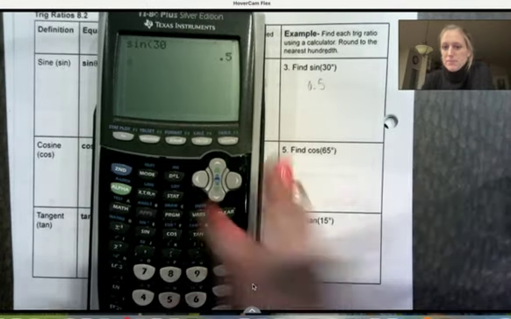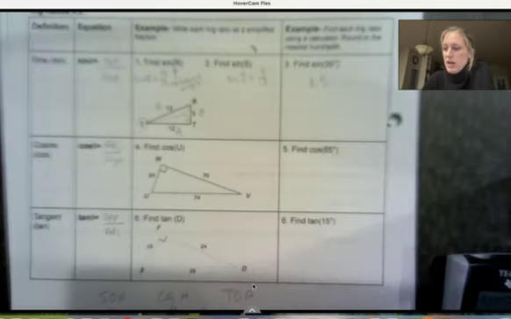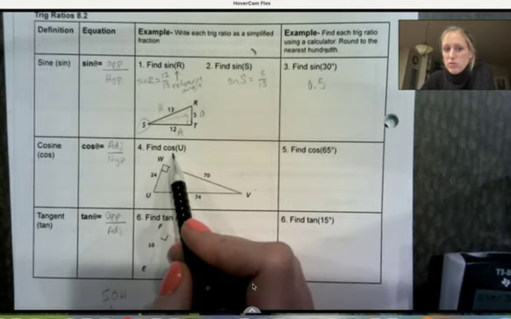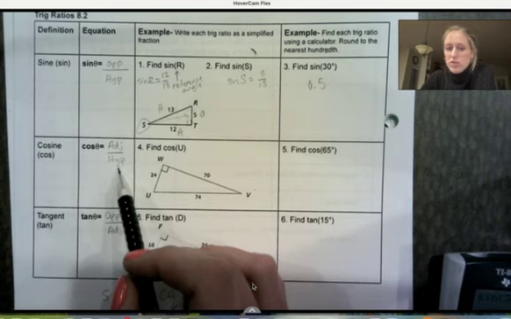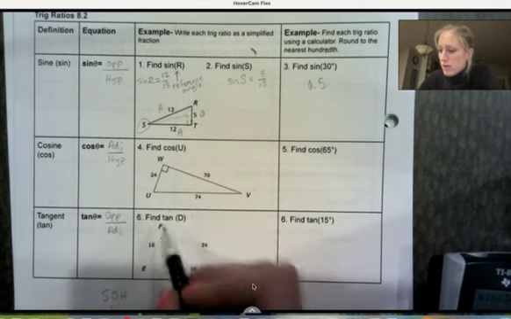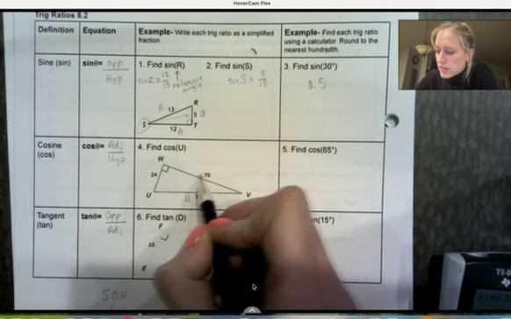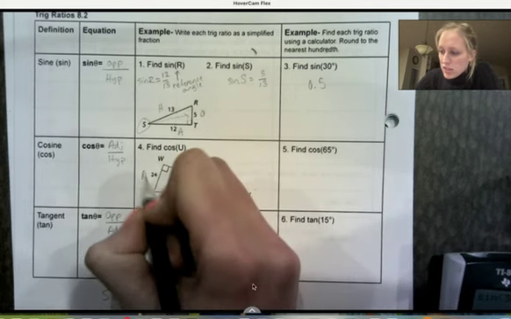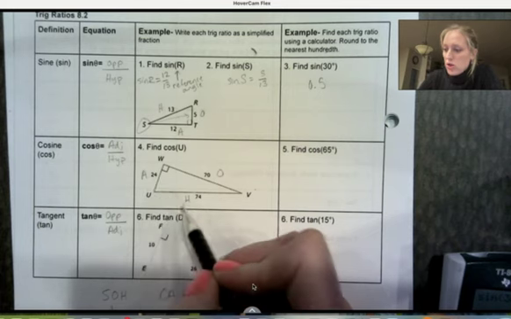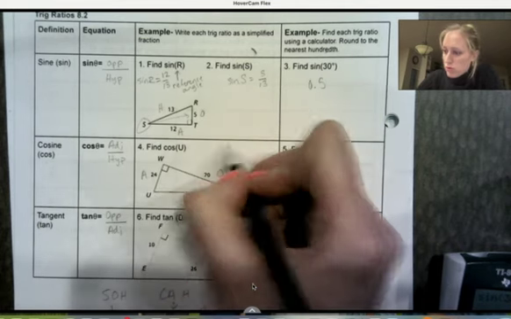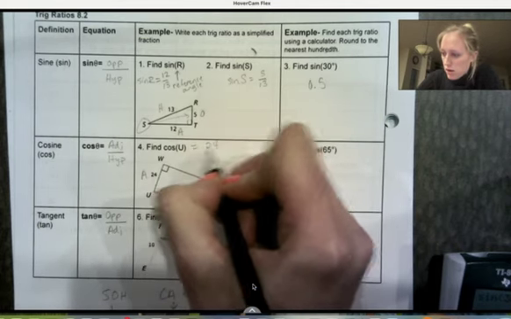All right, let's do some cosine examples. This is asking for cosine of u. Cosine is the adjacent over the hypotenuse. If I'm talking about u, here's the hypotenuse, across from 90, opposite of u, and adjacent to u. So I need adjacent over hypotenuse, which is 24 over 74.